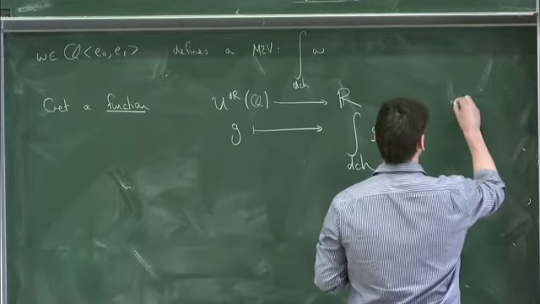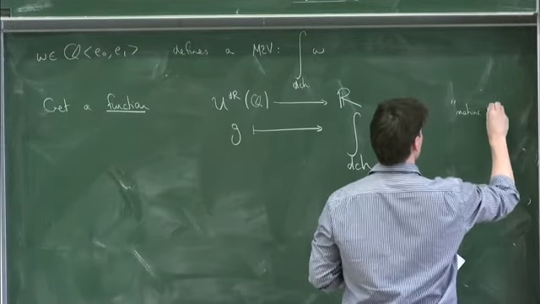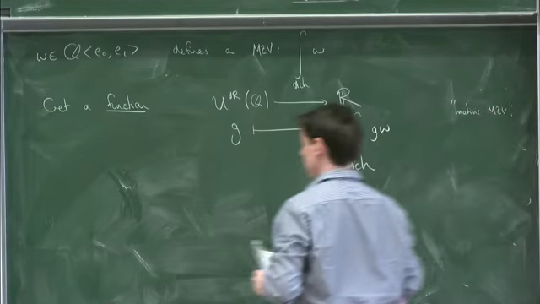And such a function is basically a motivic MZV. So that's the very rough picture.